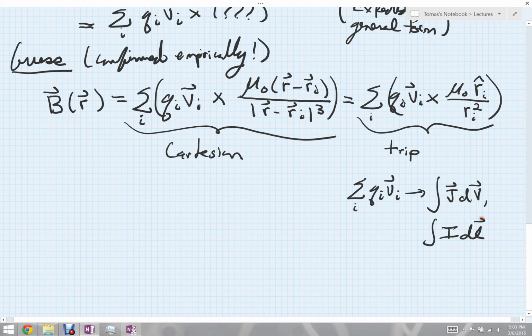And I should be a little careful here, of course. dV is not a vector, right? That's a volume. So d capital V, right? The vector nature comes from J, or if you're in a wire, it comes from the direction of the wire segments L. So I have these two replacements that I can make.